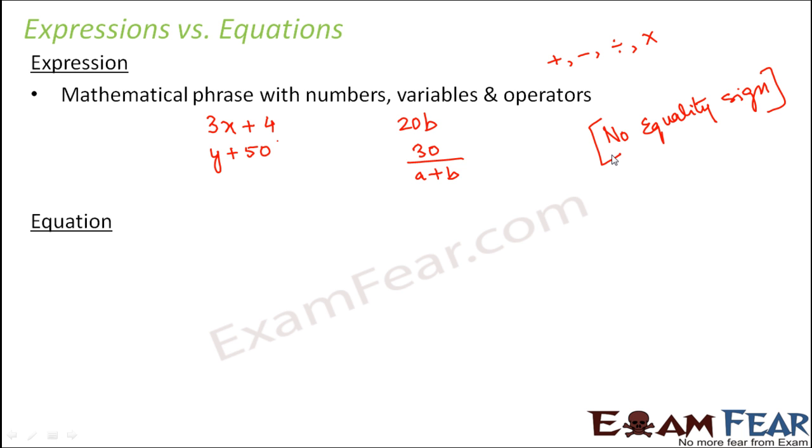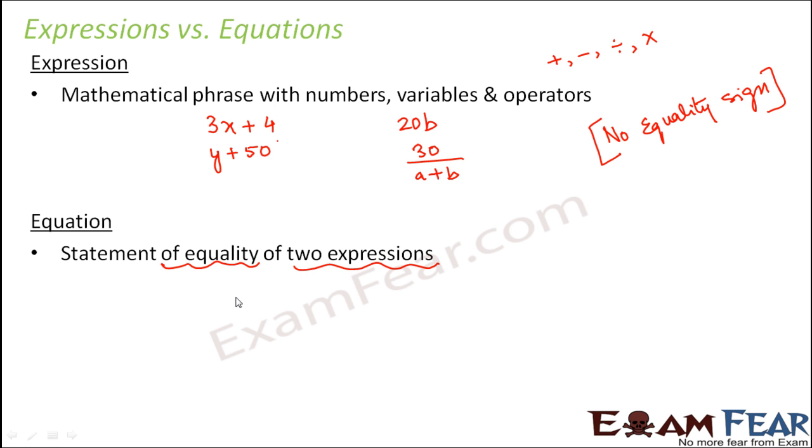But an equation definitely has an equality sign because it is a statement of equality between two expressions. So something of this sort, 3x plus 4, the same expression, when it gets equated to something else, is called an equation. Now 3x plus 4 is still an expression, but overall this entire thing is an equation.